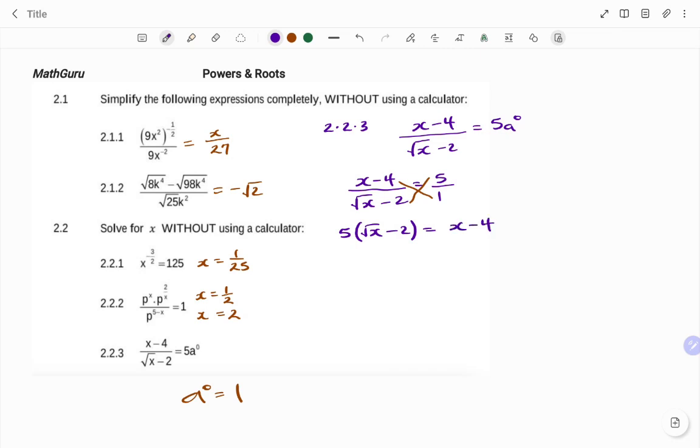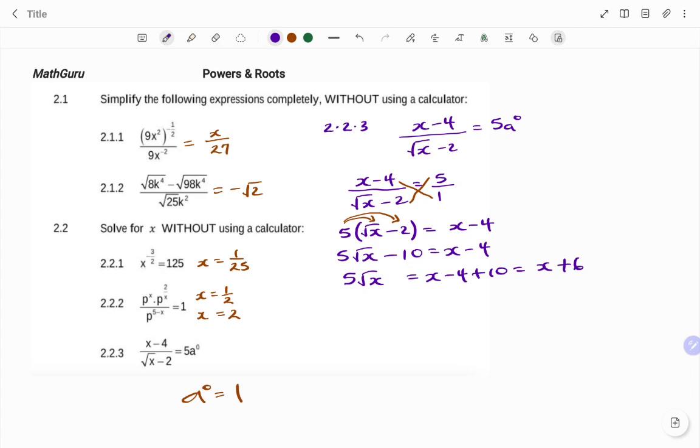If I expand the bracket, I have 5 root x minus 10 equals x minus 4. What I've done is to use the 5 to multiply all the terms in the bracket, and from here I have 5 root x. I'm going to move my negative 10 to the right hand side, it becomes positive, and that will give me x plus 6.